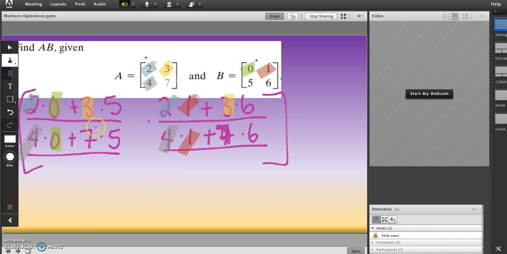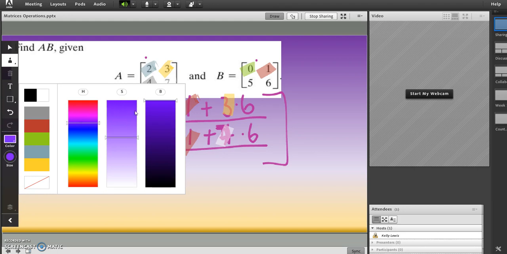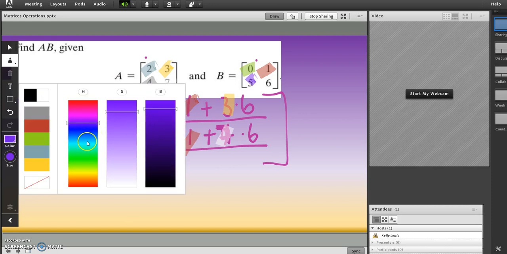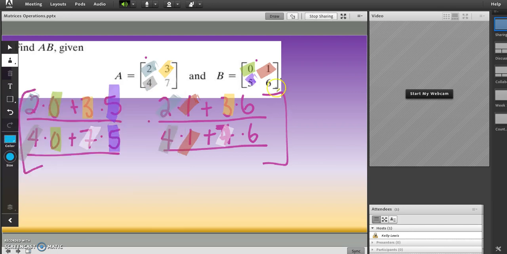Our 7 there. Our 5 here. Our 6 is right here. So if a color code helps you, there you go.